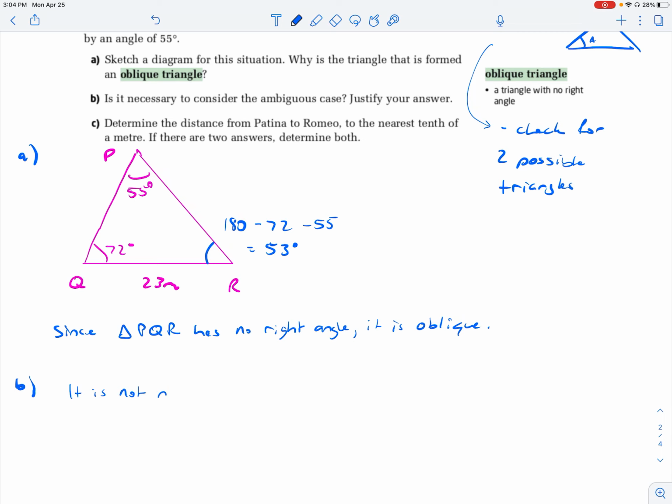So it is not necessary to consider the ambiguous case because we're given, and we call this, the side-angle-angle triangle.